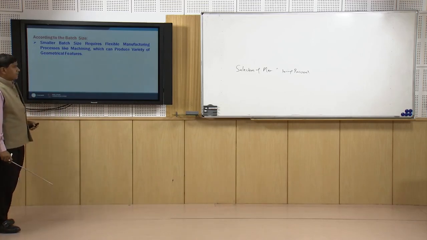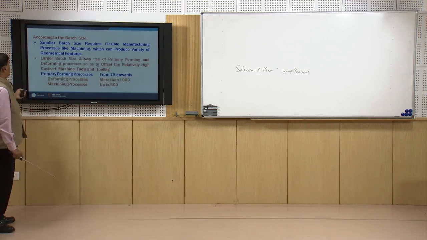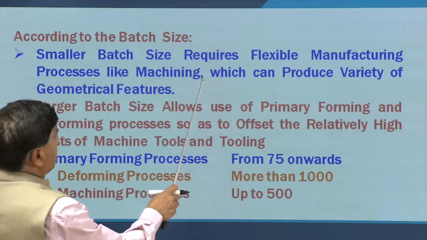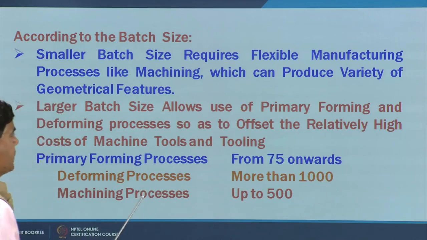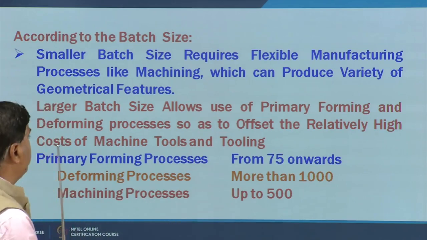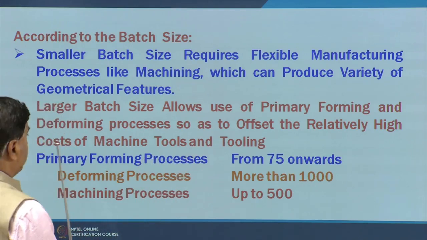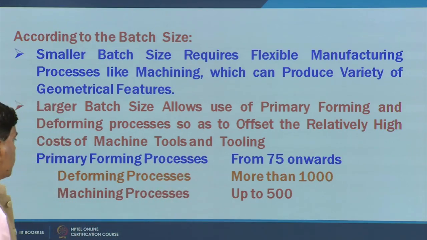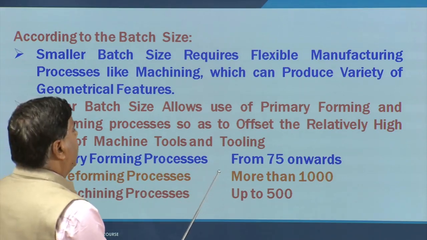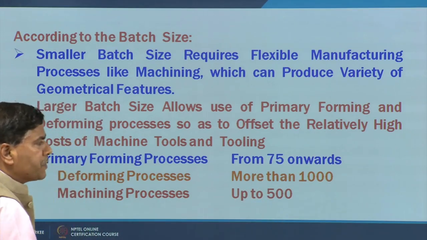So, according to the batch size, if the product is to be made, then there are three options. A small batch size requires flexible manufacturing processes like machining, which can be used for producing a variety of geometrical features, while a large batch size allows the use of primary forming and deformation based processes in order to offset the relatively high cost of machining and tooling. So, primary forming processes will be used from, say, 75 units to be made and onwards.